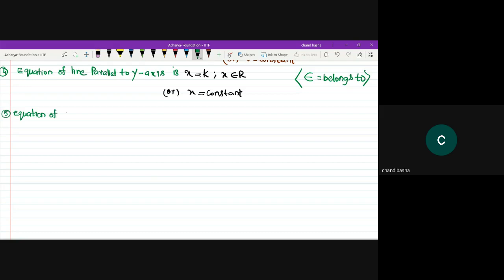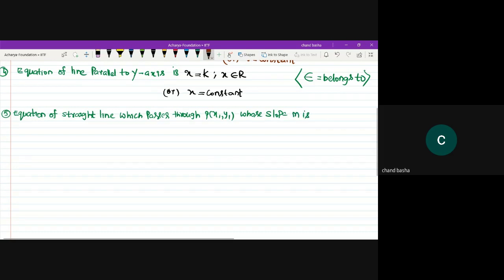Equation of a straight line which passes through P (x1, y1), whose slope is m.